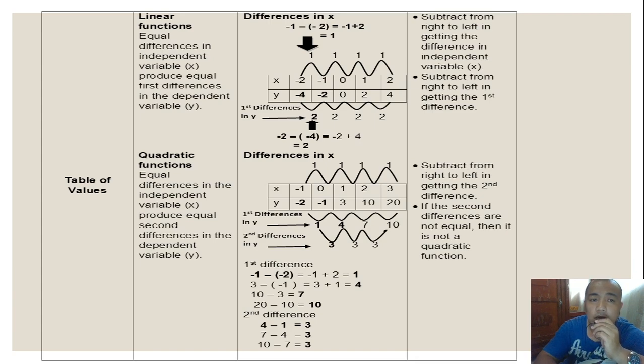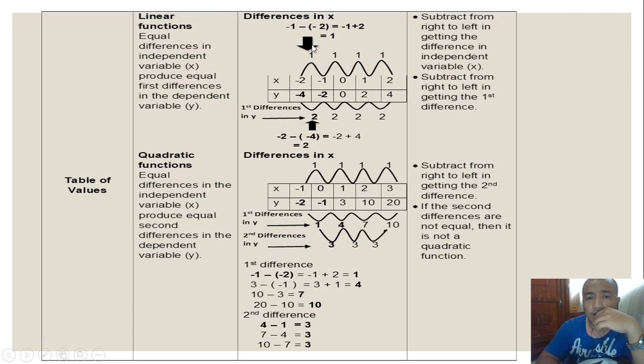When it comes to the table of values, for a linear function, equal differences in x produce equal differences, first differences, in y. Yan ang linear function. Subtract from right to left in getting the first differences.